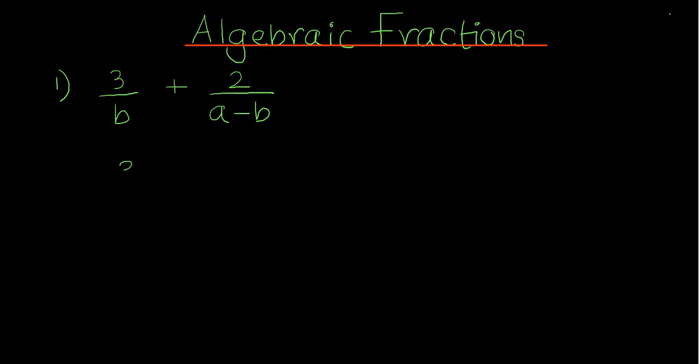I'm going to have 3 over b over here, and to make the denominators the same, I'm going to multiply this fraction by this denominator, and I'm going to then multiply this fraction by this denominator. So let's start off. I've written down 3 over b, and I'm going to multiply it top and bottom by a minus b.